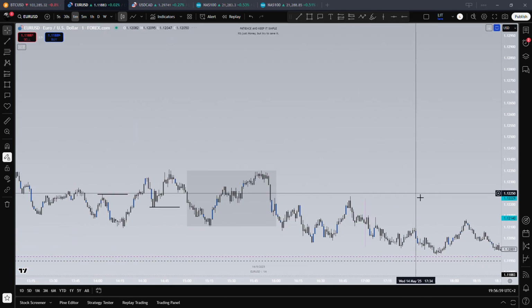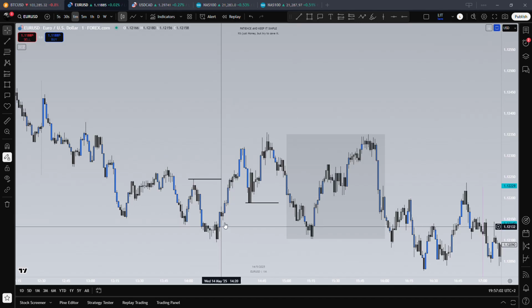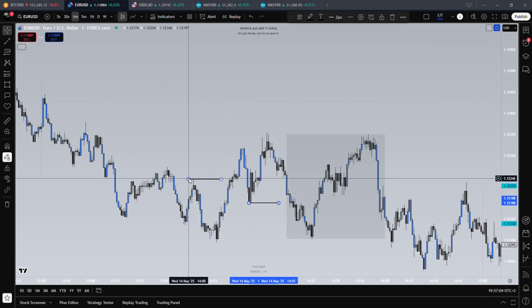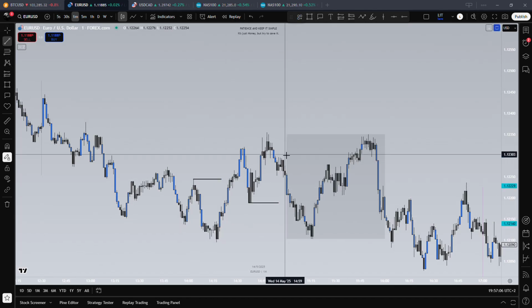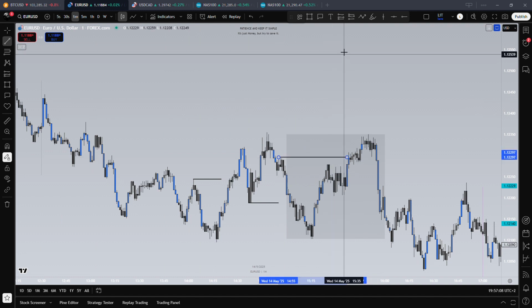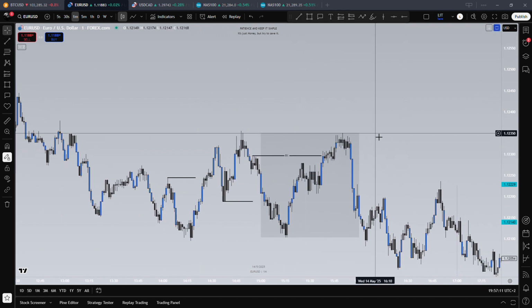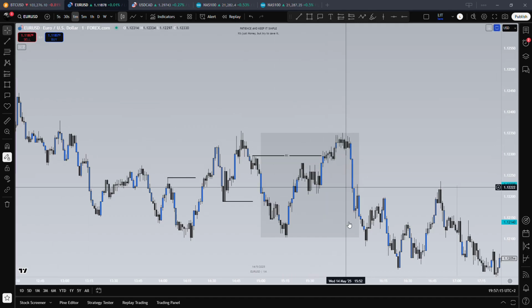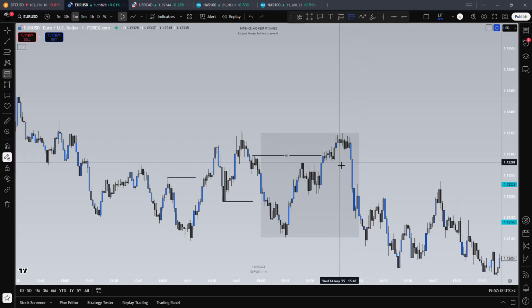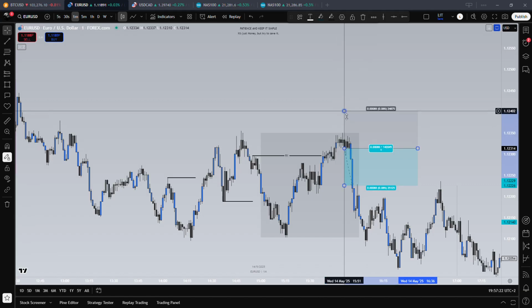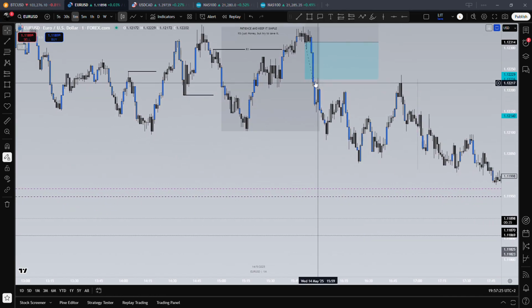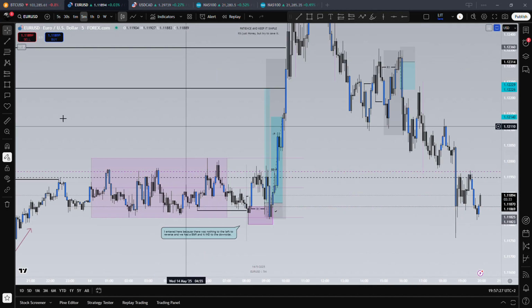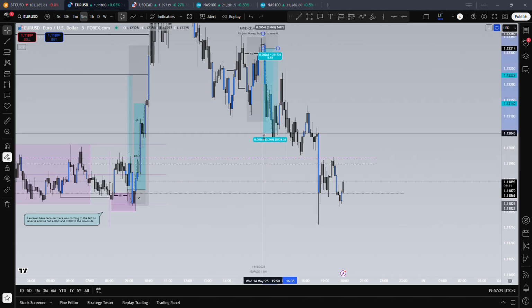Okay, perfect entry here that I couldn't take because I was working, but the trade should have been this one, and maybe here, I don't know, maybe we would have a stop loss, but the perfect entry was here, and the target, first target here.